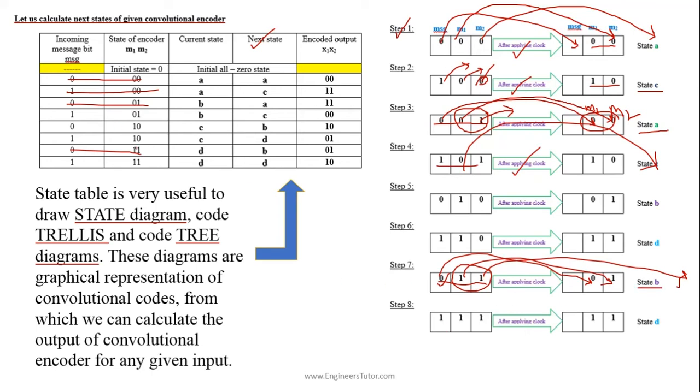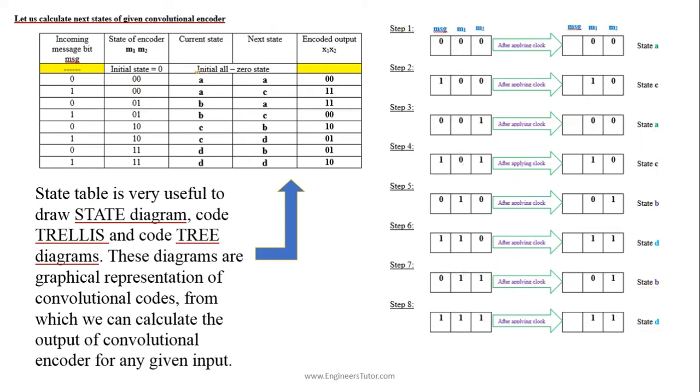Similarly we can find the state of the encoder changes from the given initial state to the next state. So this is the initial state of the encoder for all possible combinations of the input and the states of the encoder.